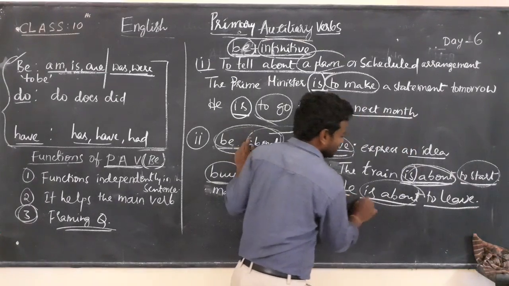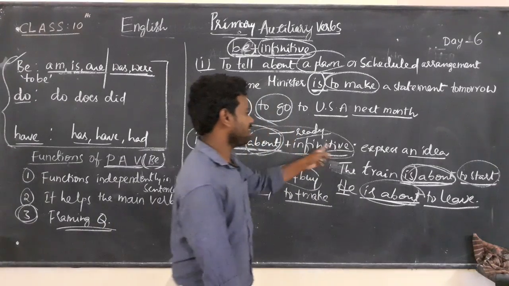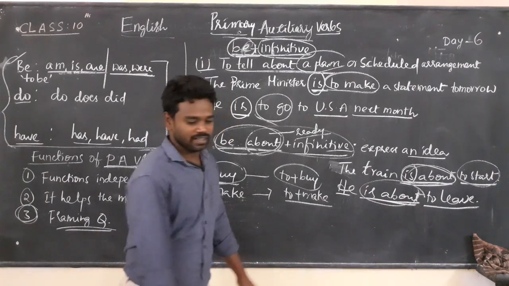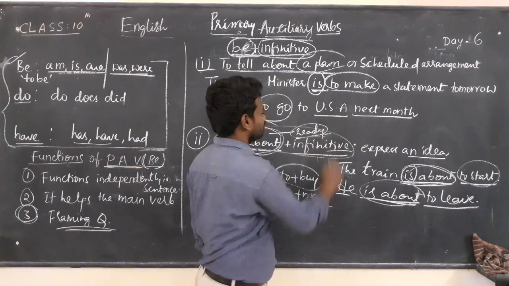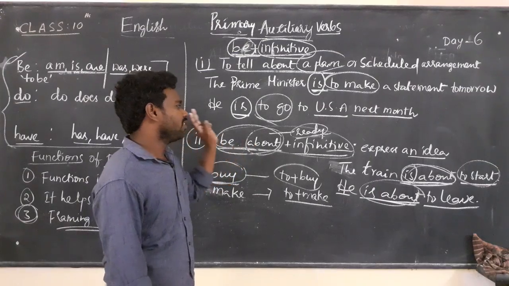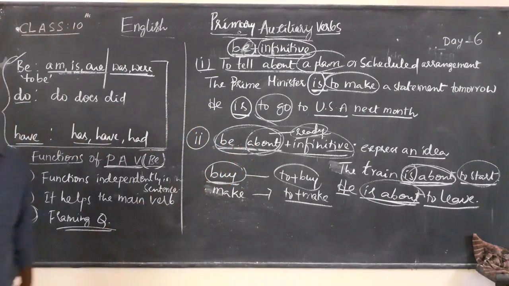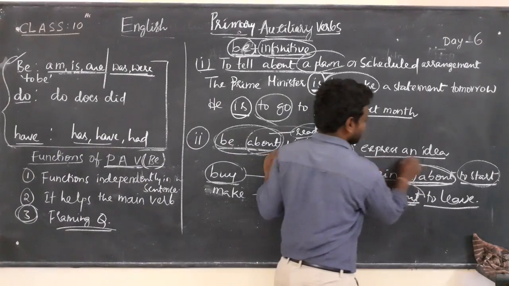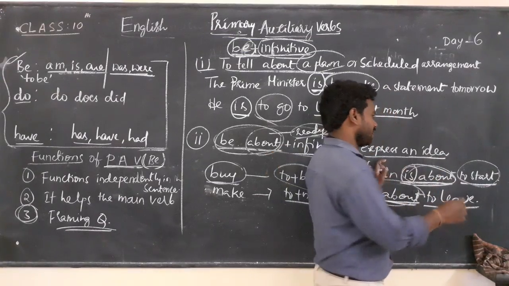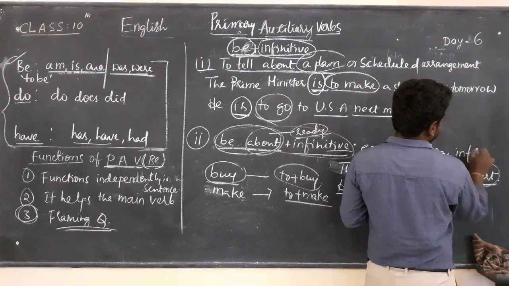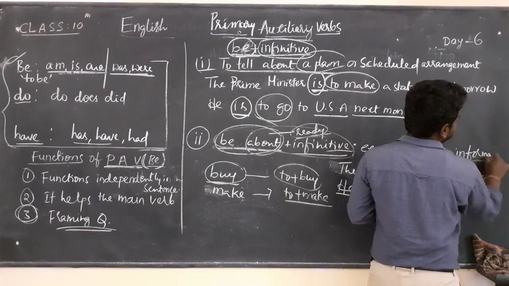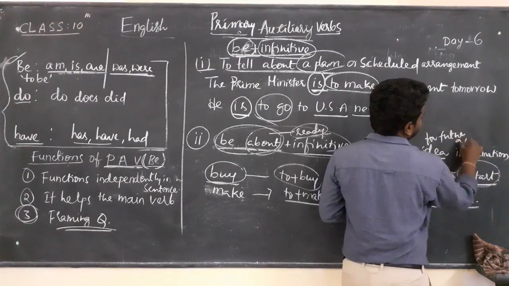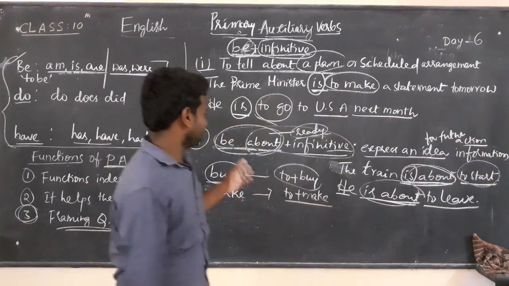It's a be form plus an infinitive form, used to express an idea, or to talk about being ready, something ready to do. This is the usage: be about plus infinitive expresses information for a future action.